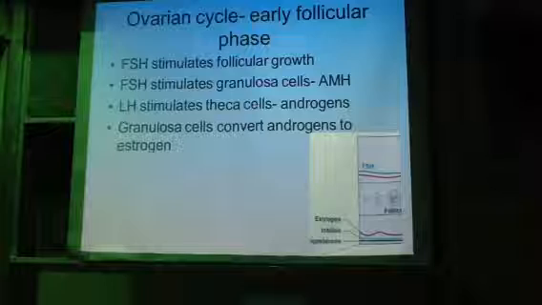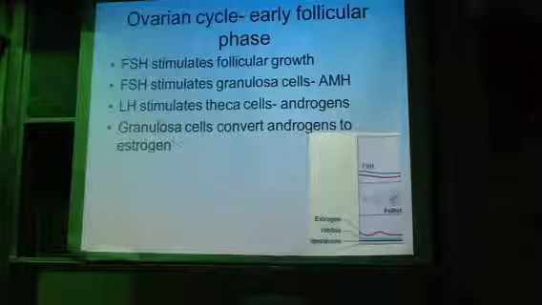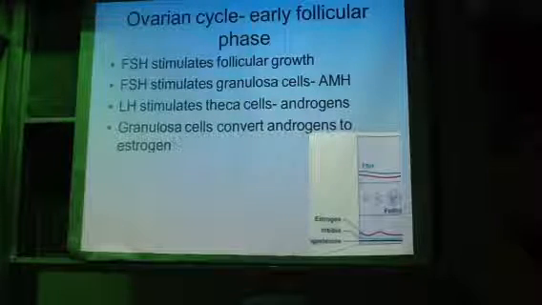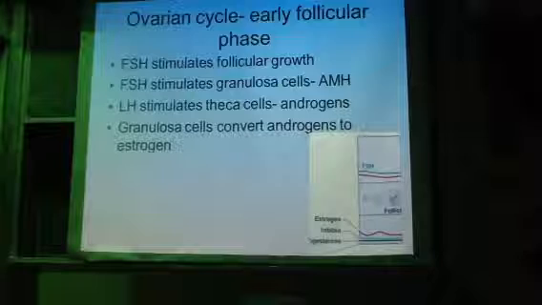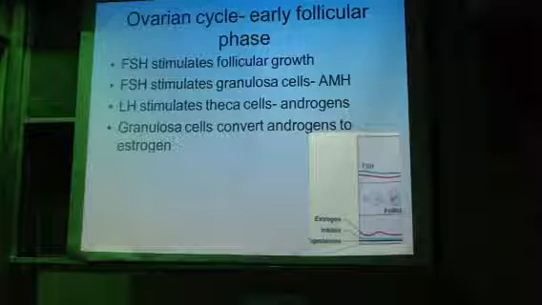LH stimulates the theca cells to make the androgens, and the androgens are converted to estrogen. So this is the early follicular phase, and I'll let you just write this down. Just take time and write it down so that you can understand what's going on.